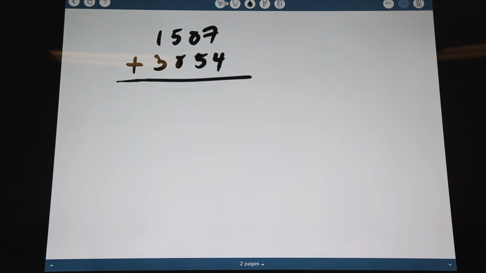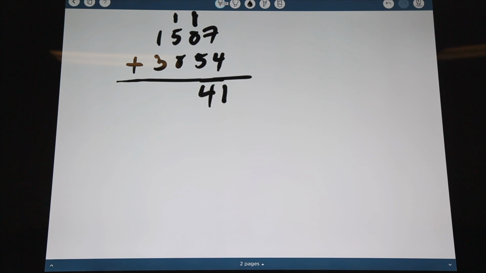4 plus 7. 11. Carry 1. 5 plus 8, 13. Plus 1, 14.